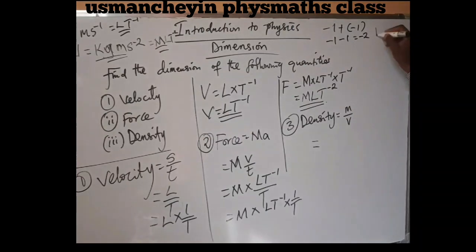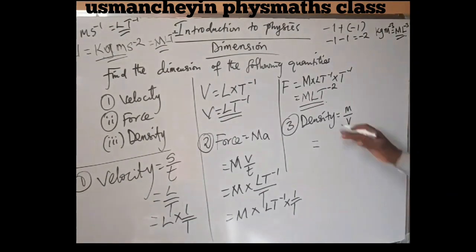The unit of density is kg per meter cube. It means that the dimension of this will be capital M, then L raised to the power minus 3. This is the dimension of density.